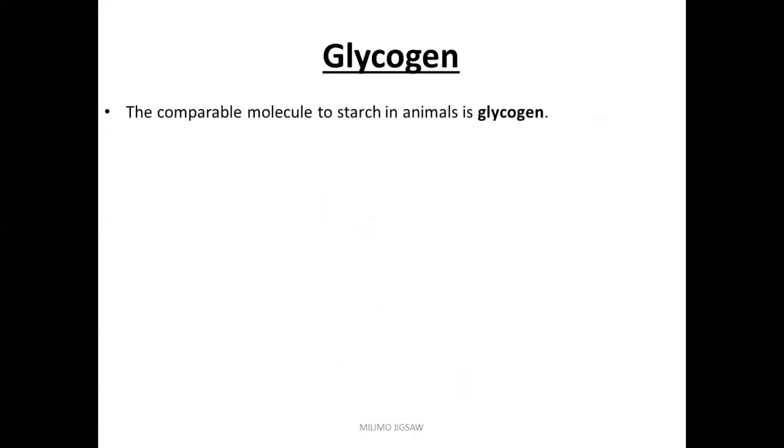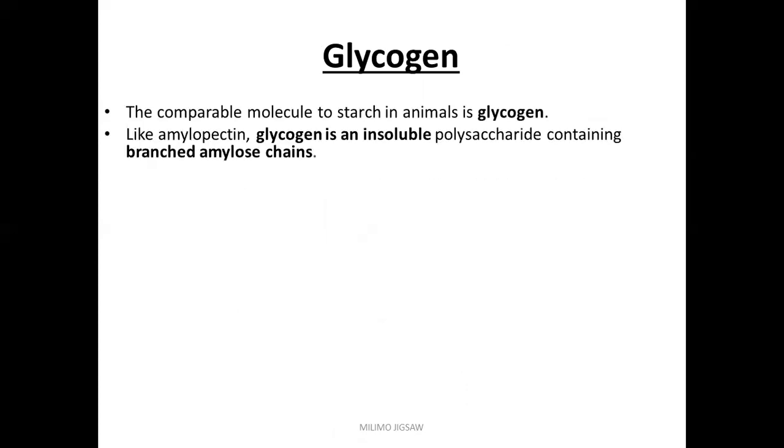Then we look at glycogen. It is a comparable molecule to starch in animals. So this is a storage material in animals, a storage polysaccharide in animals. It is an insoluble polysaccharide that contains branched amylose chains.